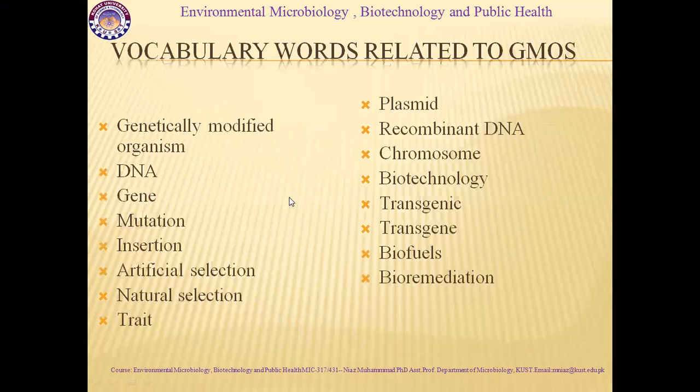So we have to see here the vocabulary, words related to GMOs, genetically modified organisms. These words we must understand: DNA, gene, mutation, insertion, artificial selection, natural selection, trait, plasmid, recombinant DNA, chromosome, biotechnology, transgenic, transgene, biofuel, bioremediation.